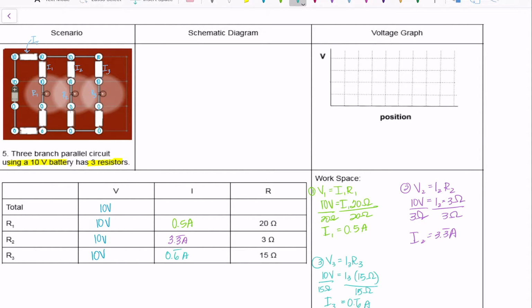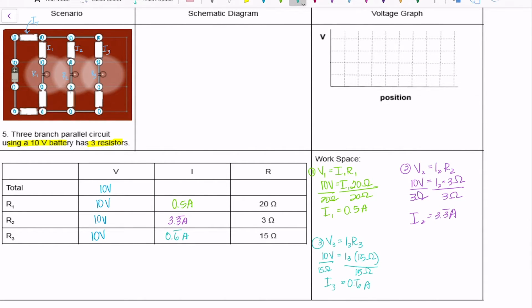And here's the way I added up the total. I have the total current is equal to the current for 1, the current for 2, and the current for 3. I'm going to change my numbers from decimals to fractions so you can see what my math looks like. So we have half an amp plus 3 1/3 amps plus 2/3 amps.